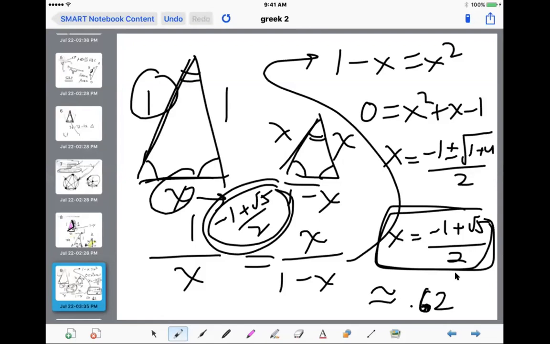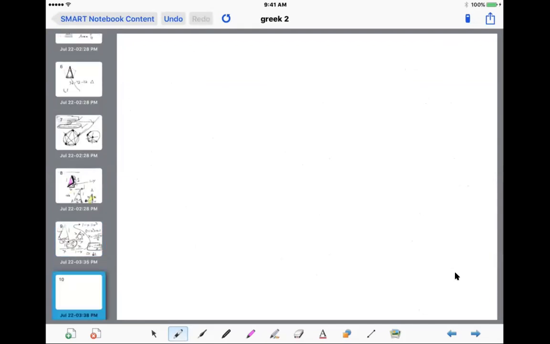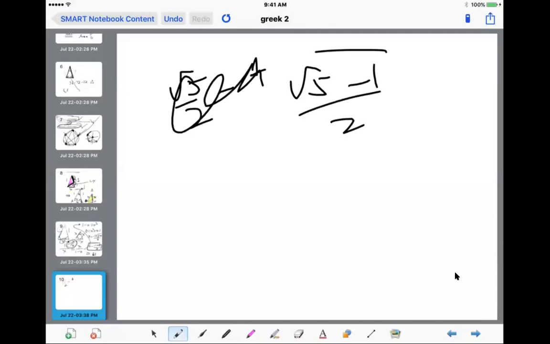If I want to make something like, if you don't mind, I'm going to write it as square root of 5 minus 1 over 2. I hope you don't mind I write it that way. It's equivalent. Square root of 5 minus 1. Wait. Yeah, 1.23. Hold on a second. I'm doing it on a calculator just to make sure. Yeah, 0.6180.